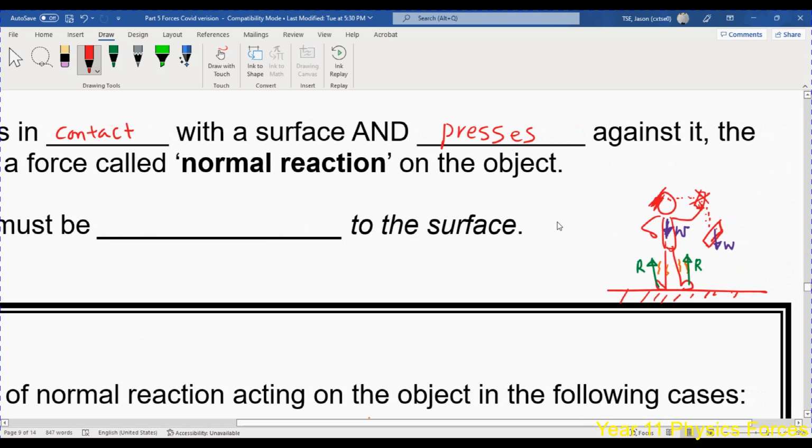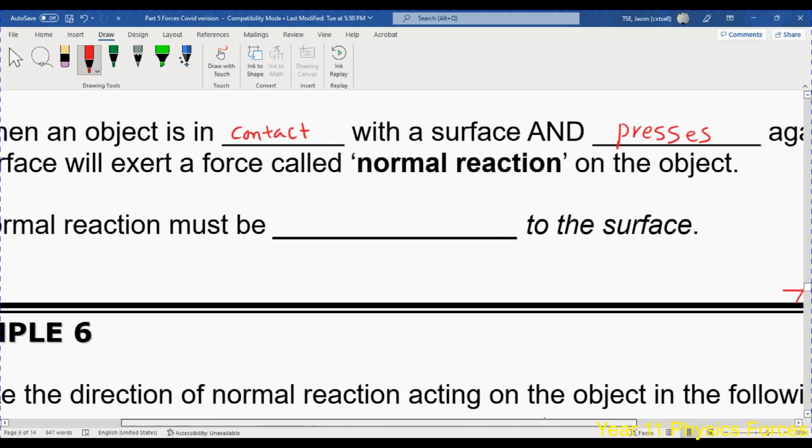For example, one of your feet stands on the ground, so you are in contact with the ground, and that foot is pressing against it. So that's why there is a normal reaction.